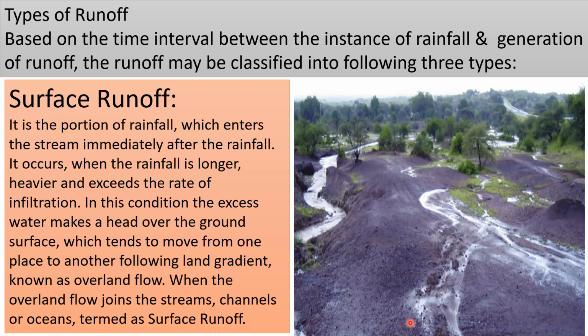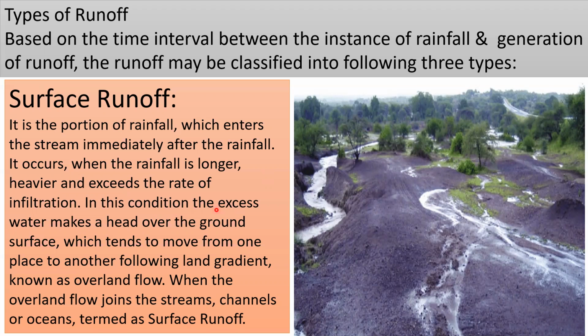Types of runoff. Based on the time interval between the instance of rainfall and generation of runoff, the runoff may be classified into the following three types. Surface runoff. It is the portion of rainfall which enters the stream immediately after the rainfall. It occurs when the rainfall is longer, heavier, and exceeds the rate of infiltration.